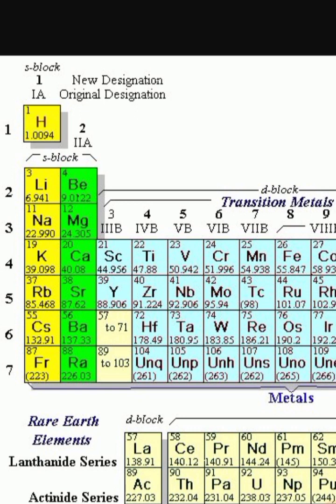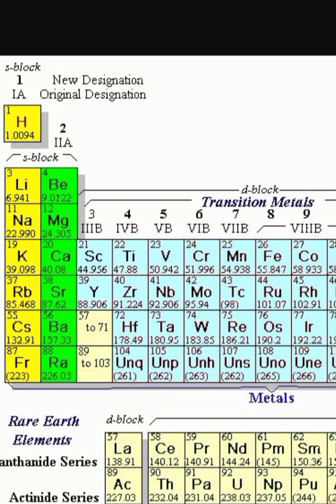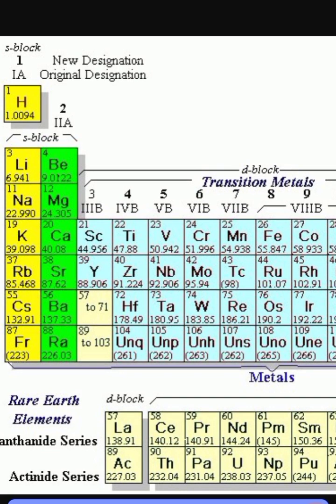That's H, lithium, sodium, potassium, rubidium, cesium, and francium. Then group 2A. All those with A are the ones we call the main groups. I like this periodic table very well because it shows almost everything.